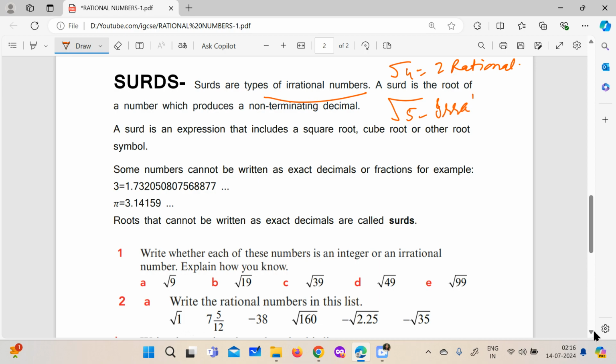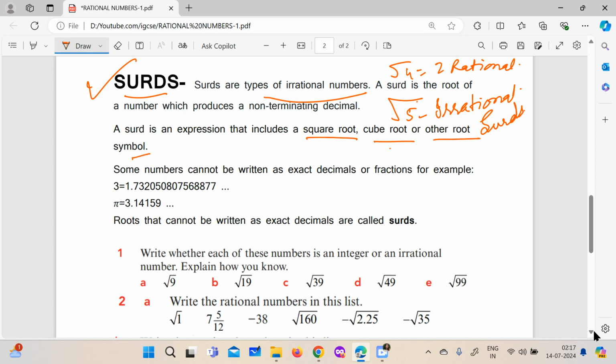It is not only an irrational number, root 5 also falls in the category of surds, because in surds, when you find the square root, cube root, fourth root, fifth root, or any root, you will never find an answer as a whole number. It will be a non-terminating decimal. That's why it is an irrational number, and in the root form they call it a surd. A surd is an expression that includes a square root, cube root, or other root symbol.